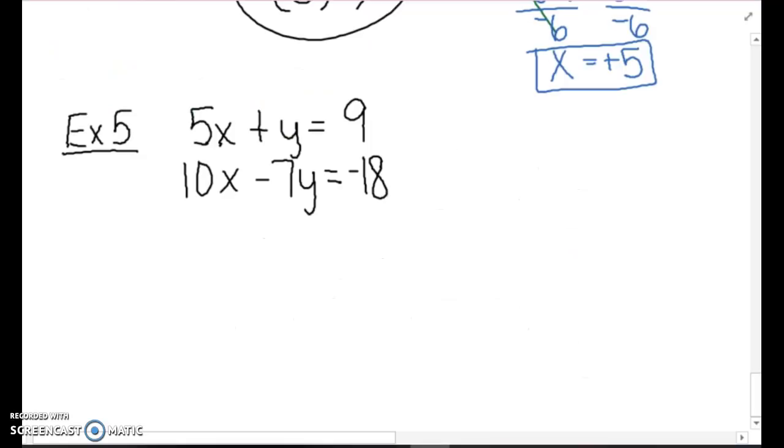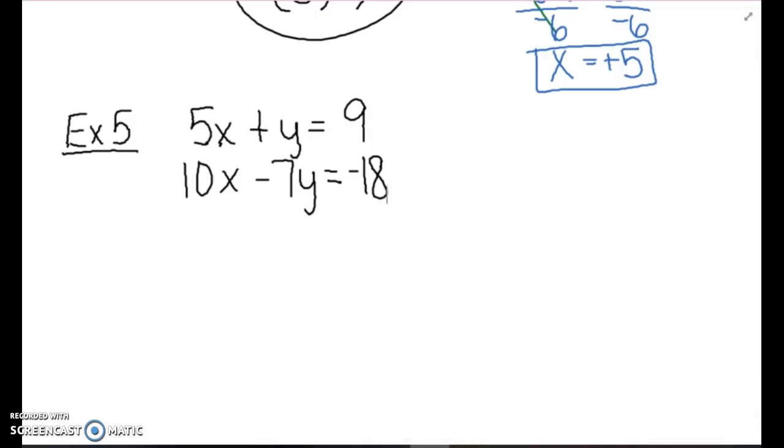So let's look at example number 5. We got 5x plus y equals 9. 10x minus 7y equals negative 18. As you can notice, this one's different from the other ones because we don't have the same number of x's and we don't have the same number of y's.